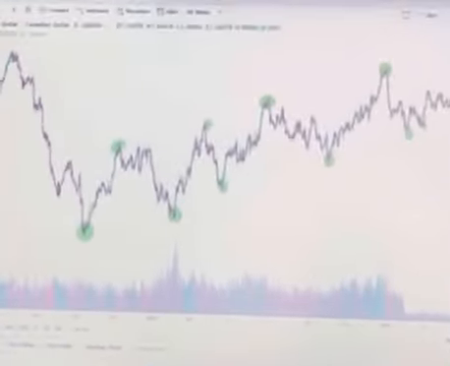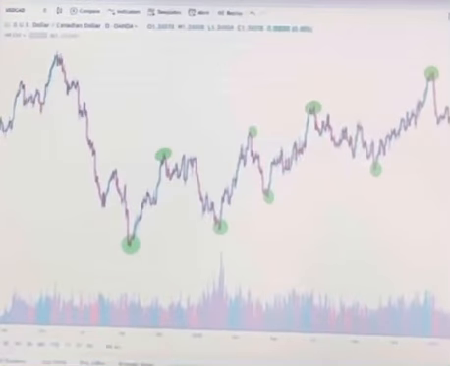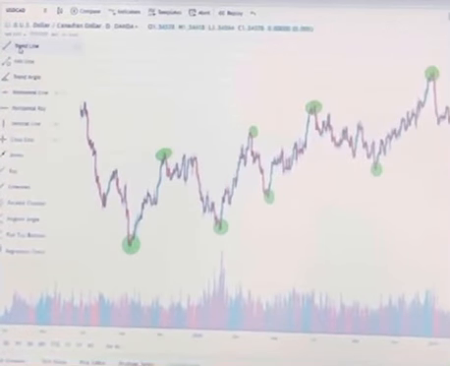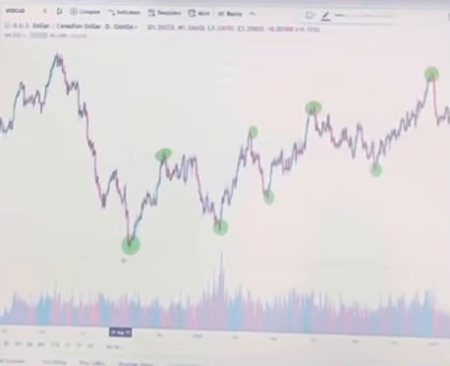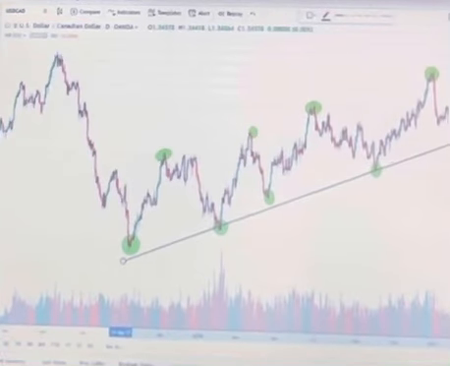So if we go back to our example here, I can look at this chart and see, okay, can I connect these lows here? And I can take this trend line tool and just see if I can connect them, right? It doesn't have to be perfect, it's just an approximation, okay?